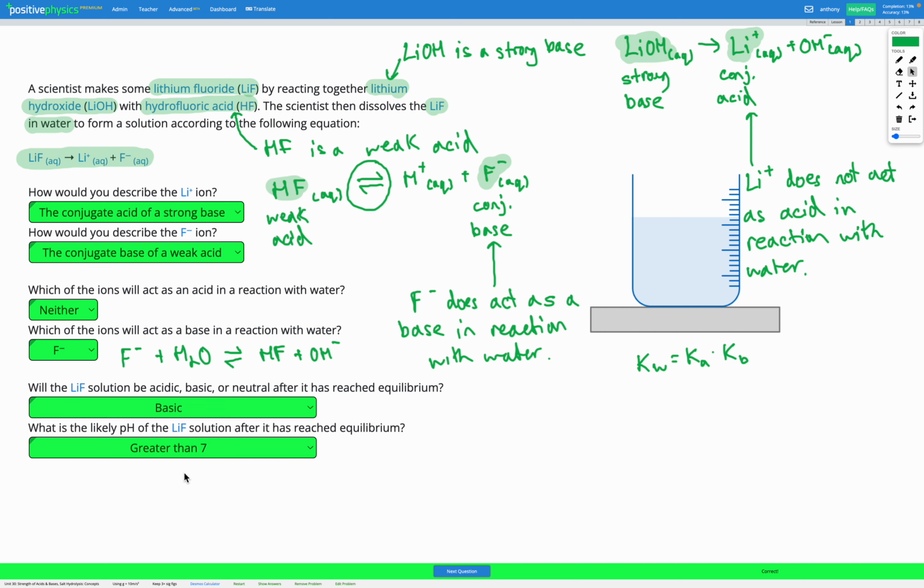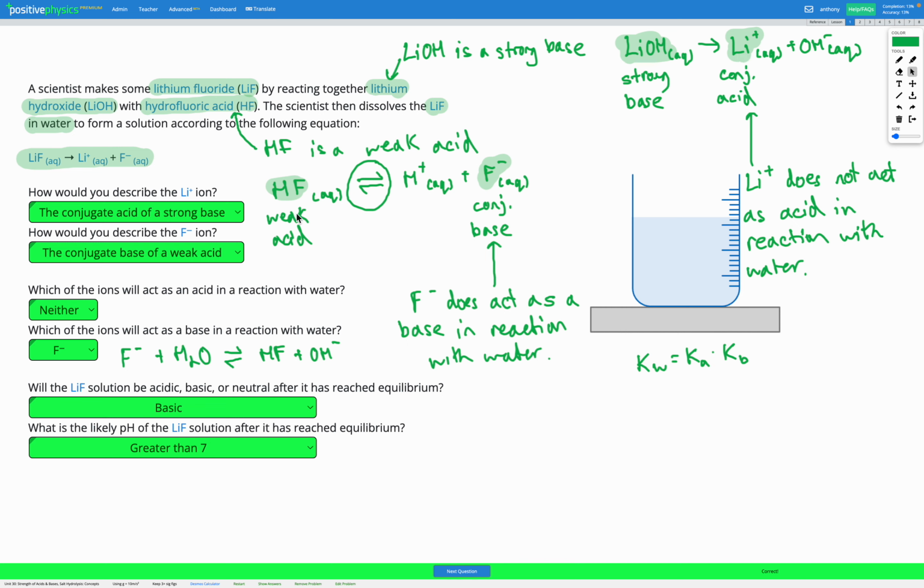So this whole idea is called salt hydrolysis. It's the idea that when a salt dissolves in water, if one of our ions is either acidic or basic, then those will react with water and the overall solution will be acidic or basic. To figure that out, we need to think if they are the conjugate acid or base of a strong base or acid versus a weak base or acid. If something is the conjugate acid or base of a strong base or acid, that means they do not act as an acid or base in reaction with water, because a strong base or a strong acid produce a really, really weak conjugate acid or conjugate base that's not even going to act like an acid or a base.